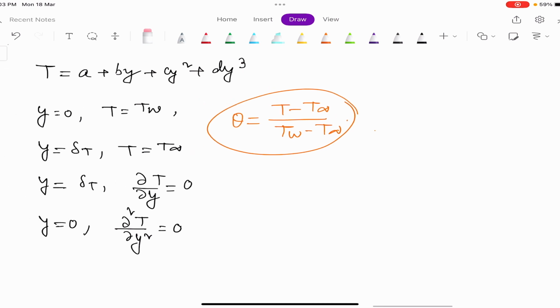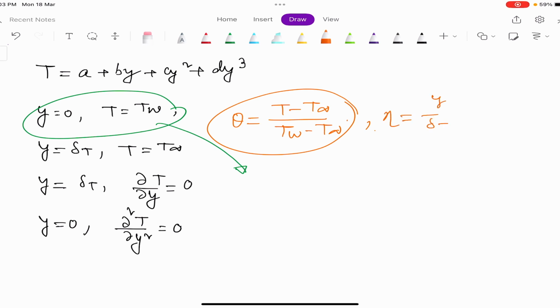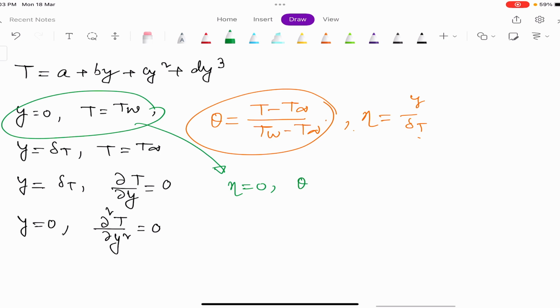So see, at y equal to 0, T equal to T wall. Now I am defining another variable for the y coordinate, that is eta, eta equal to y by delta T. Okay. So this boundary condition becomes: at eta equal to 0, theta equal to 1. This becomes: at eta equal to 1, theta equal to 0.